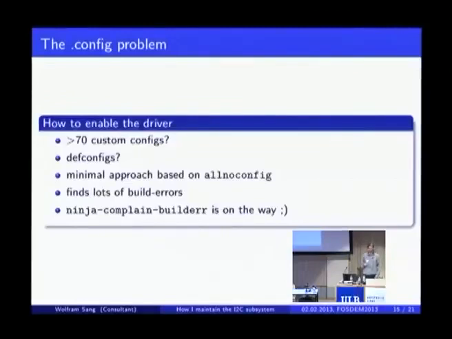So I find lots of build errors, which don't necessarily have to do with I2C. So I'm working on a script, Ninja complain build error, which whenever I get a build error I'm not responsible for, will just write a mail to the appropriate people and ask them to fix that. I don't know if that's good for my karma or not, but we'll do it nonetheless.